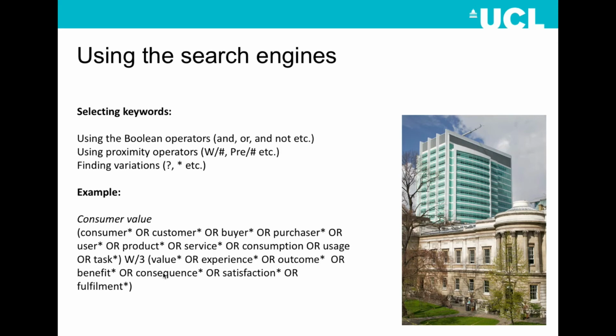You will find in Moodle a document which explains how to combine these different operators. Below you can see an example of how to use these operators with the concept of consumer value.